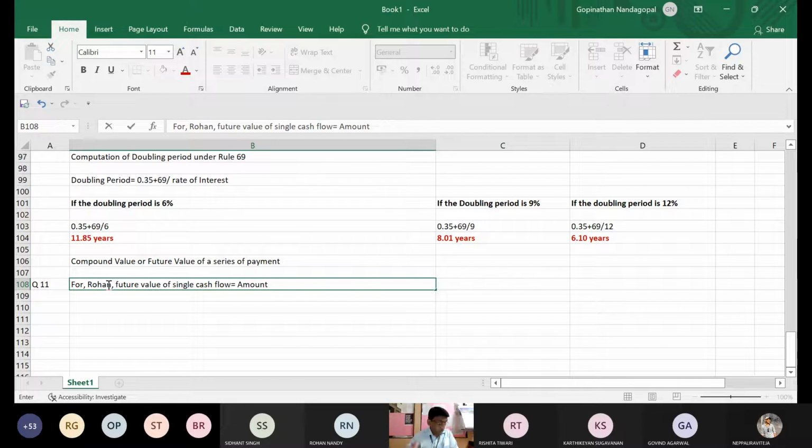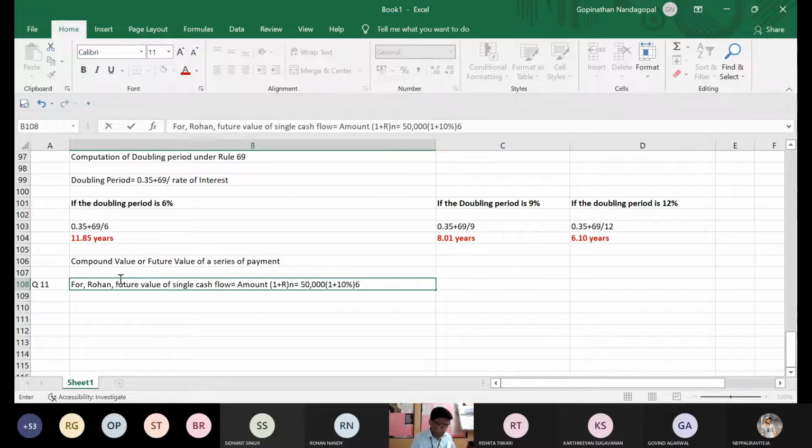The formula is (1 + R)^n, which is equal to: the amount is 50,000, 1 plus your rate of interest, which is 10%, to the power of the number of years, which is 6.